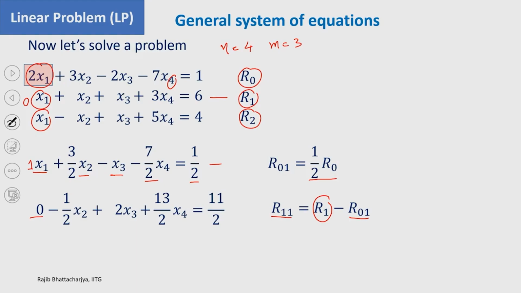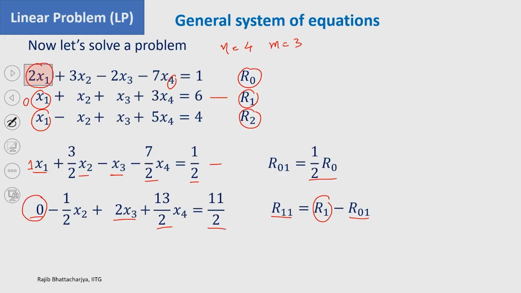Then x3 minus x3, so minus minus plus, I am getting twice x3, and for x4 I am getting 13/2 x4, and the right hand side I am getting 11/2. So, by doing this operation, what have I done? I have eliminated the x1 variable from equation 2.